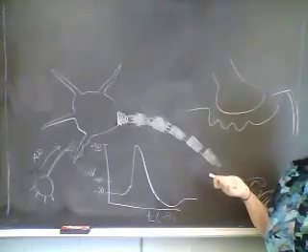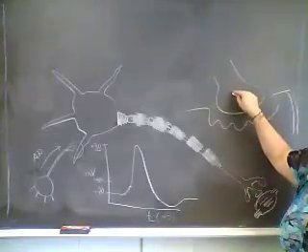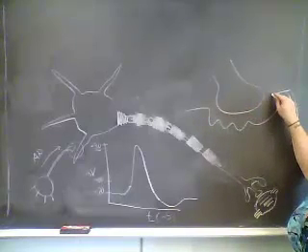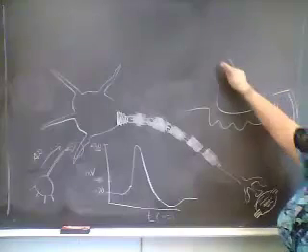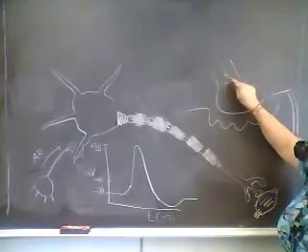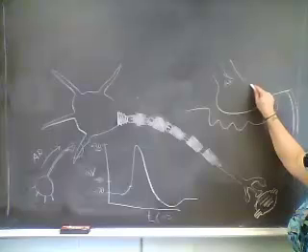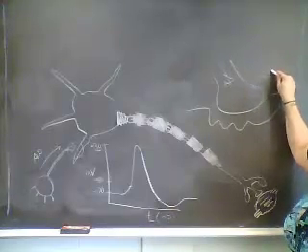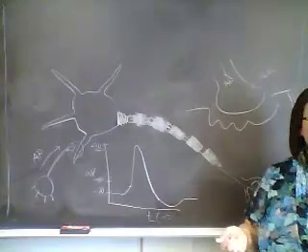So if we want to focus in on that neuromuscular junction, what we have roughly sketched here, this would be the axon terminal of our motor neuron. This is the motor end plate of the muscle cell. When this action potential arrives here, it is going to cause calcium to come in through calcium voltage sensitive channels.